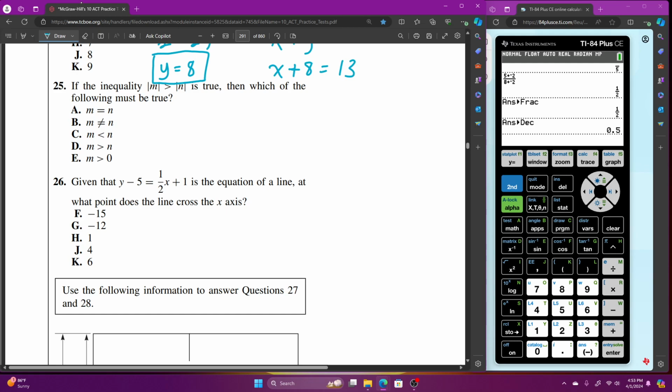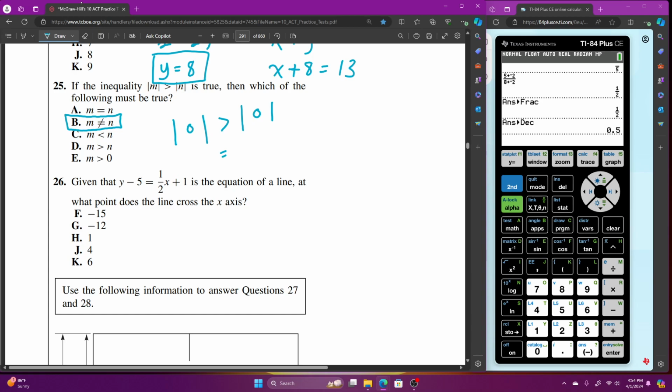And our correct answer here is going to be B, that absolutely m cannot be equal to n, because the absolute value of any number, if it's 0, cannot be greater than the absolute value of 0.